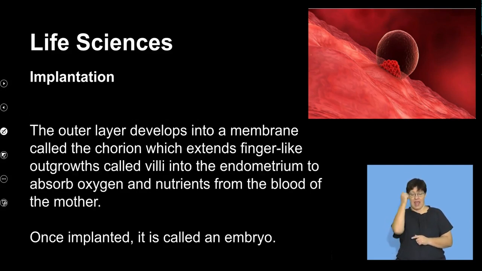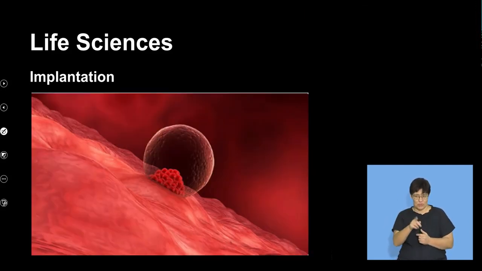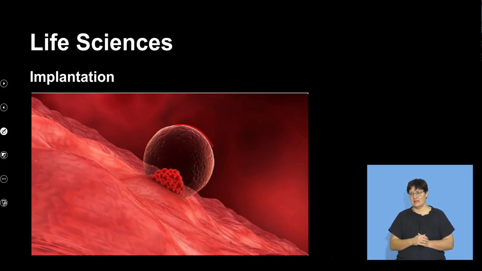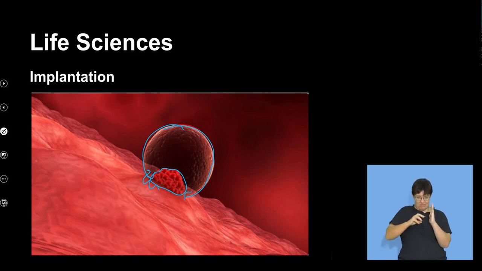I have a beautiful image here which I'd like to show to you. So here we're seeing the blastocyst. I'm going to change my pen because that's red and I'll make that a bit more clear for you. We're seeing this blastocyst, guys, which is a complex ball that has cells that have differentiated slightly, that are now able to attach onto this endometrial lining.